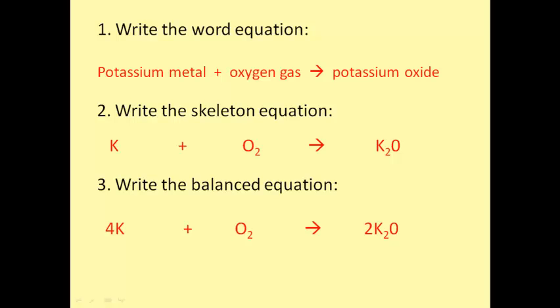So for example, on the reactant side we see 4 potassium atoms, and on the product side we see 4 potassium atoms, 2 in each one of the 2 molecules. On the reactant side we see 2 oxygen atoms, and on the product side we see 2 oxygen atoms because there's 1 oxygen atom in each potassium oxide molecule, and there are 2 potassium oxide molecules present.